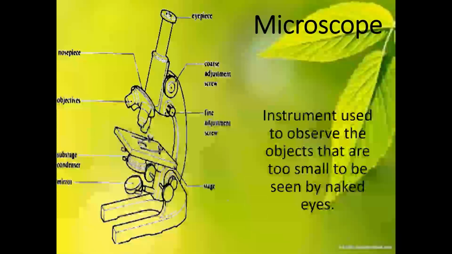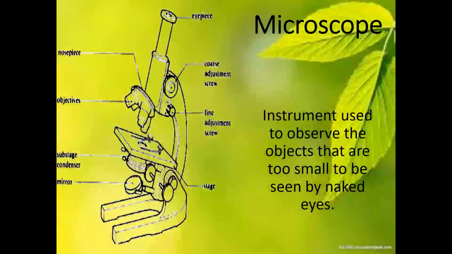The eyepiece is the place where we place our eyes to observe the object under this microscope. This eyepiece contains a lens again of different magnification. This is about the microscope which plays a very important role in observing cells and their structures.